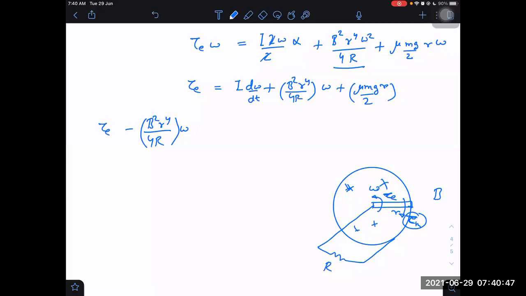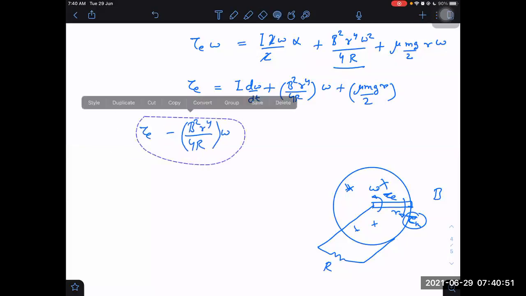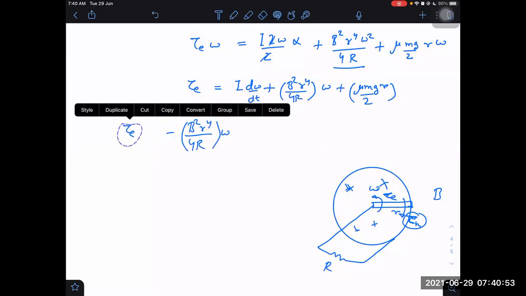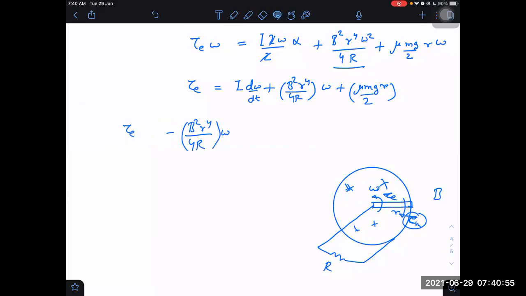Torque external minus this, minus of mu mg r by 2, is equal to I into d omega by dt. Can you solve it now?